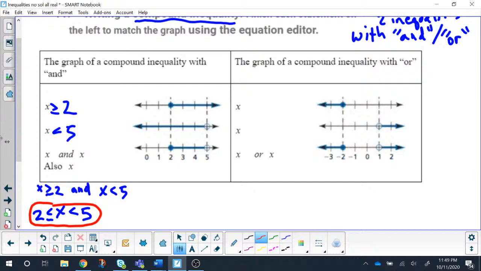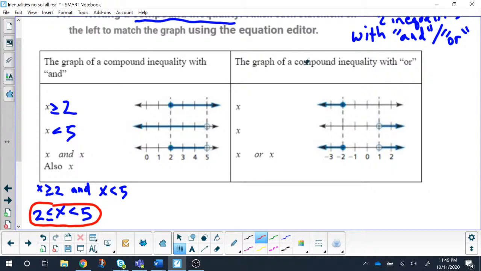So this is a compound inequality using the word and, where it has to satisfy both solution sets. It has to be greater than or equal to 2 and less than 5. Numbers that fit include 3, 4, 3.5, pi, all those numbers in between 2 and 5.